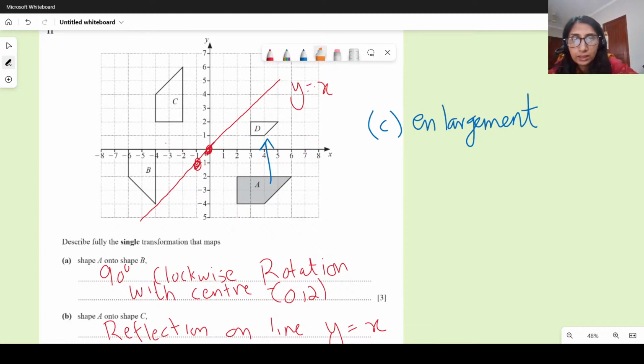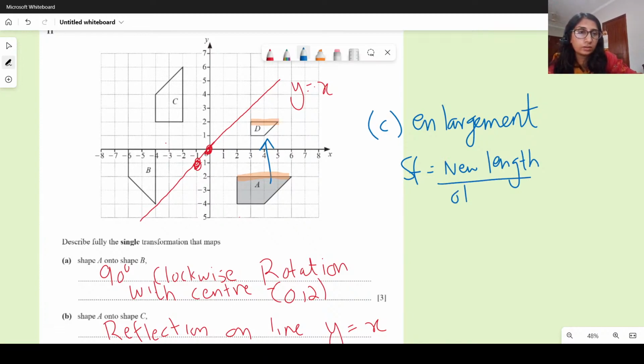Scale factor, I can tell, the original length is 4 units, and the new length is 2 units. So the formula for scale factor is new length over old length.